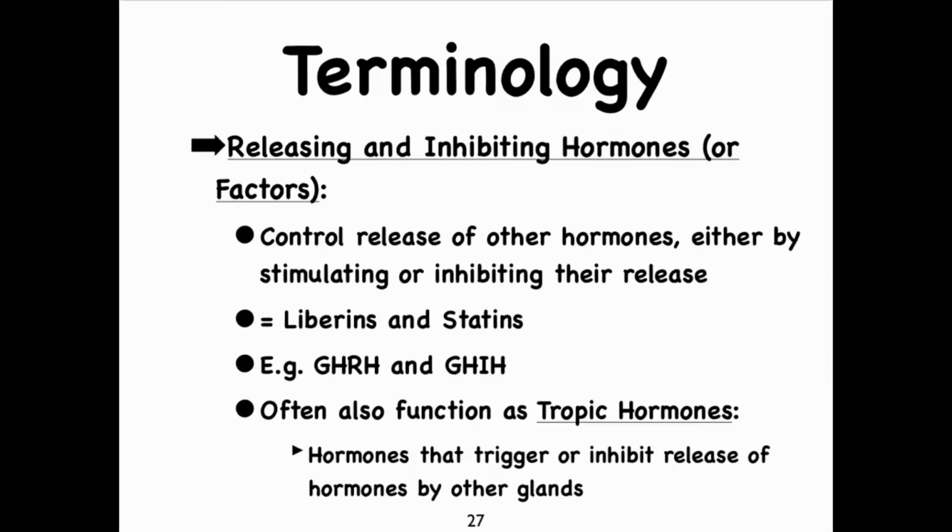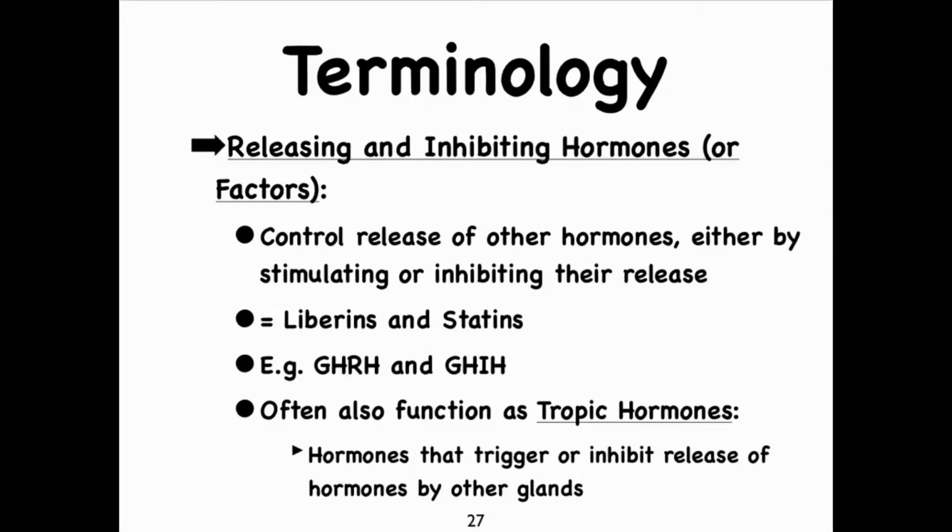Also, a little bit of terminology before we get going. The hypothalamus produces hormones as well, as you know, and its hormones often end in either releasing hormone or inhibiting hormone, and sometimes the term hormone is replaced with factor.